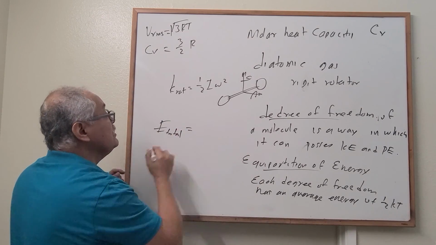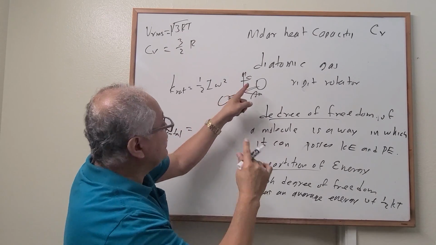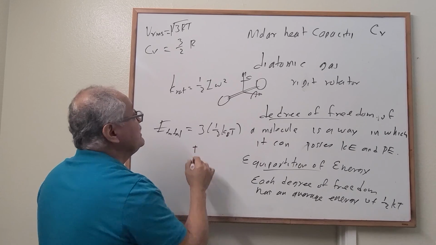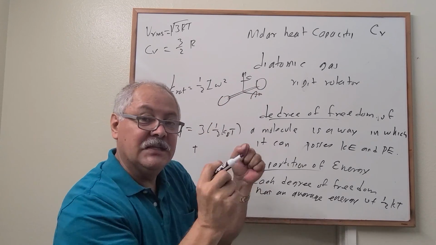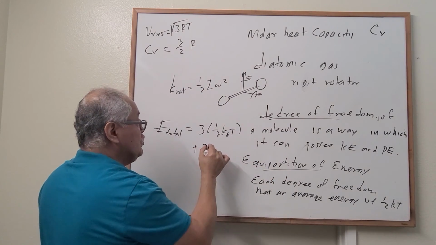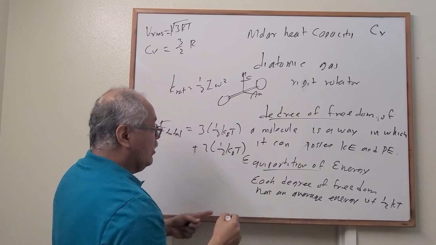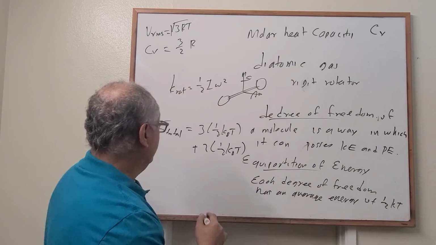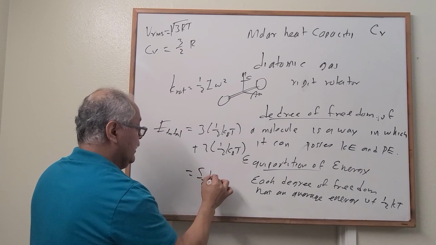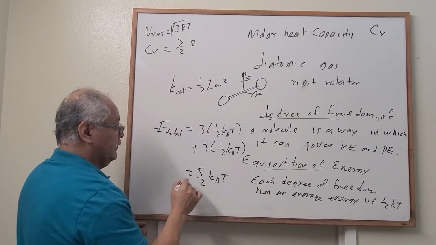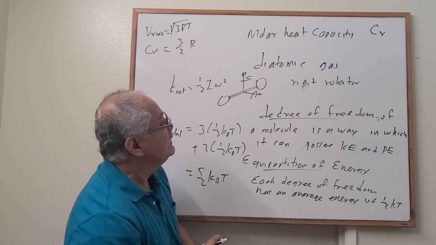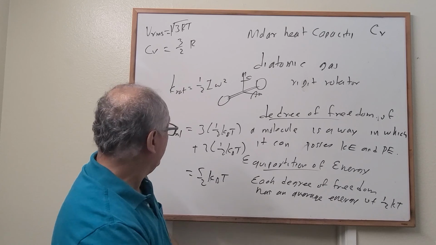It equals translational, which is 3 times 1/2 kT, plus rotational. Because this is rigid, it's fixed, we have only 2 energies for rotation, 2 times 1/2 kT, according to the equipartition of energy. So what should be the total? The total equals 5/2 kT, for a diatomic gas.